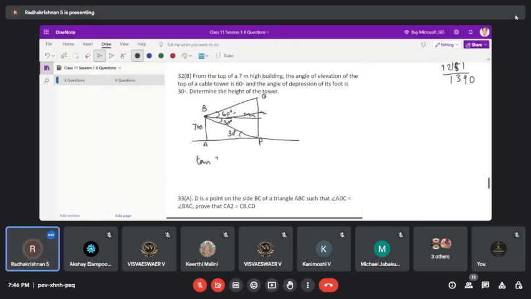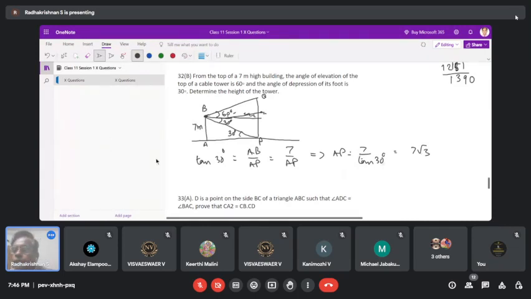Tan 30 degree equal to AB by AP, which is 7 by AP. So that means AP equal to 7 by tan 30 equal to 7 root 3.